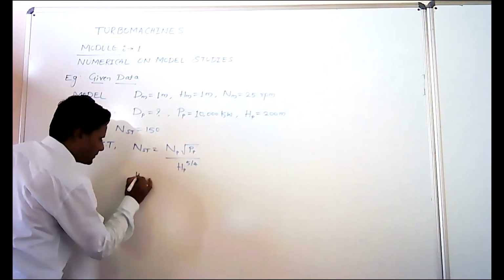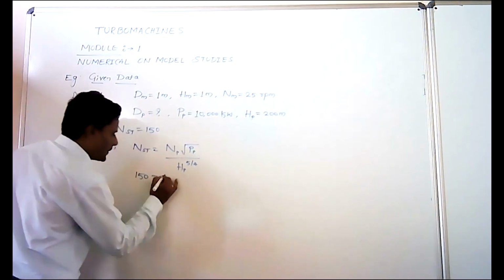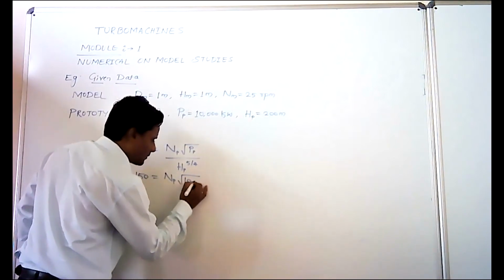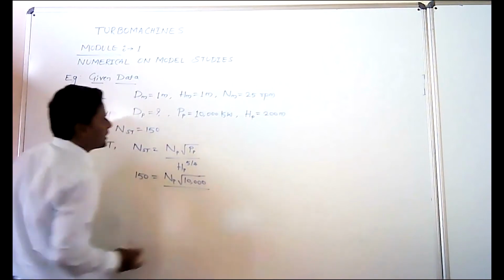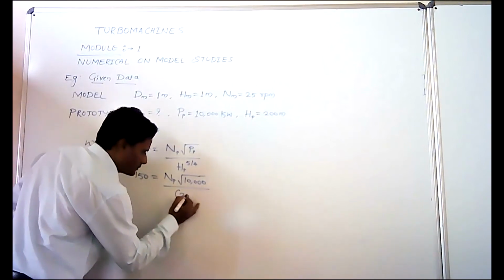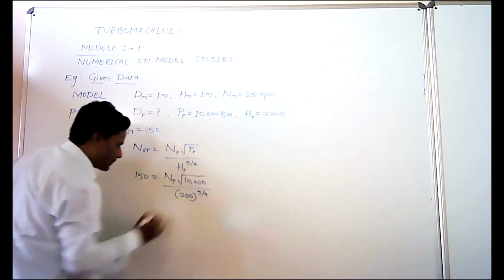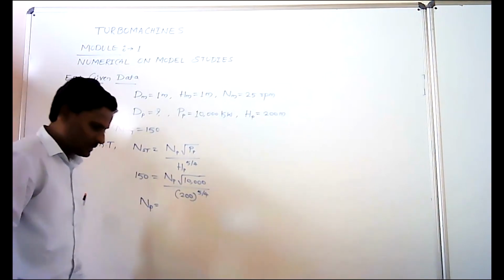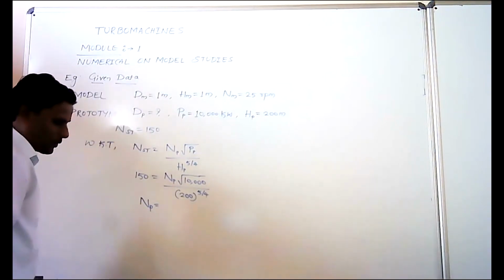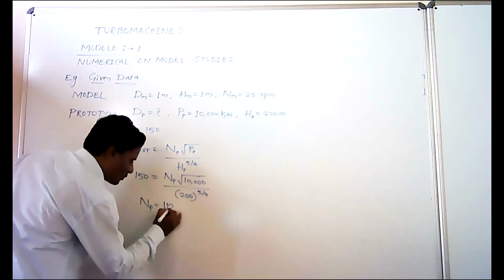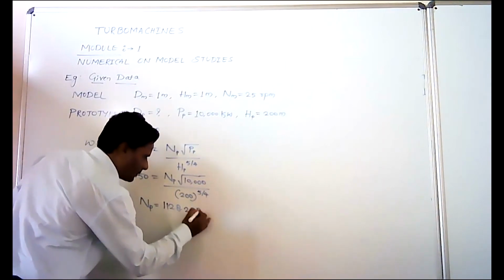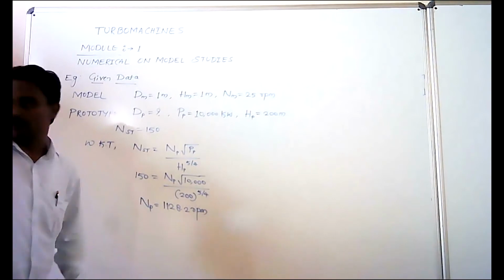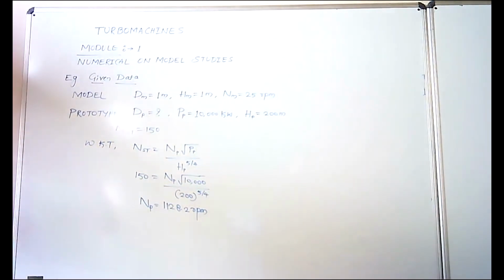So Nst is 150 equals Np root 10,000 divided by Hp, which is 200, raised to 5 by 4. Therefore Np, the speed of the prototype, is expected to be 1128.2 rpm.